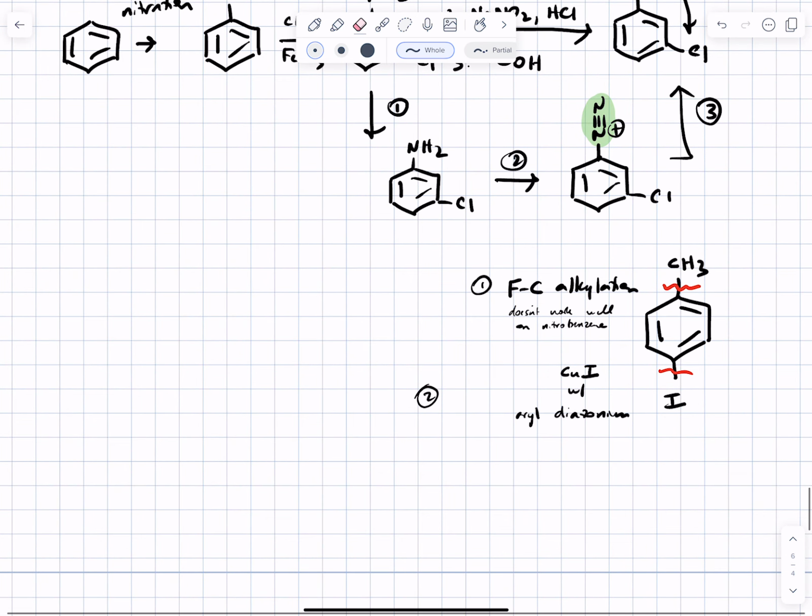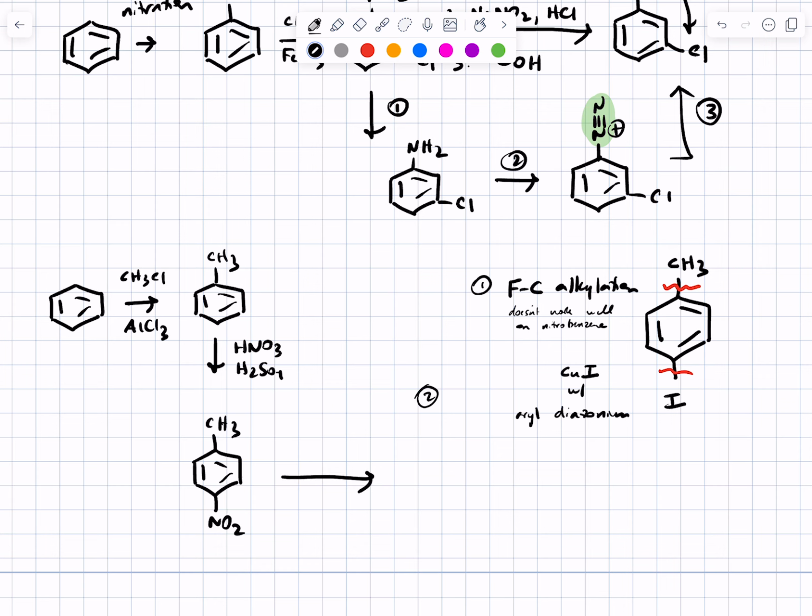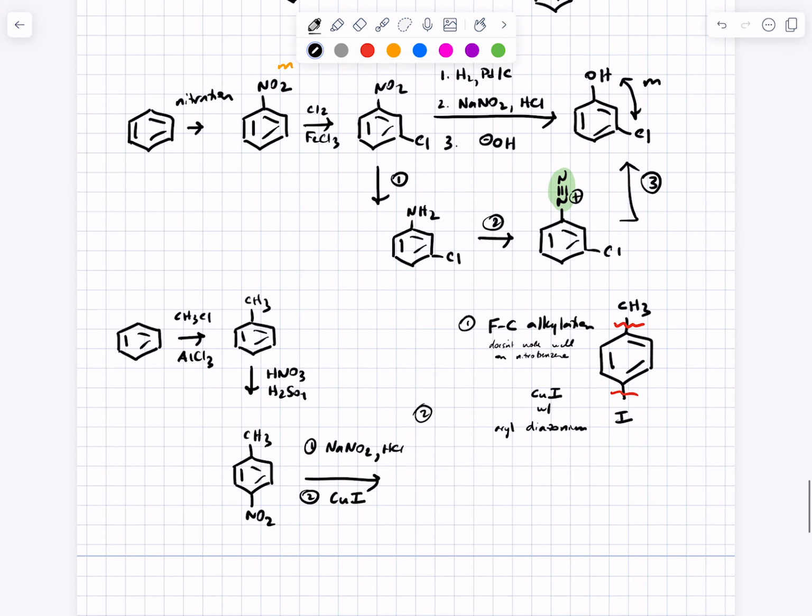So what would that look like? Probably the Friedel-Crafts alkylation to begin with, then nitration, and then once the nitro group is there, that same series: diazotization, and then the nucleophilic aromatic substitution.